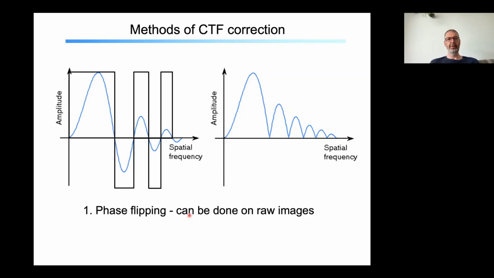So you just essentially apply a box function with +1, -1, and you multiply your Fourier transform of your image with that, and that will flip all of your spatial frequency ranges, so at least they have the same contrast. So that means all of the features within your particle should now have either negative or positive contrast, depending on how you do that.